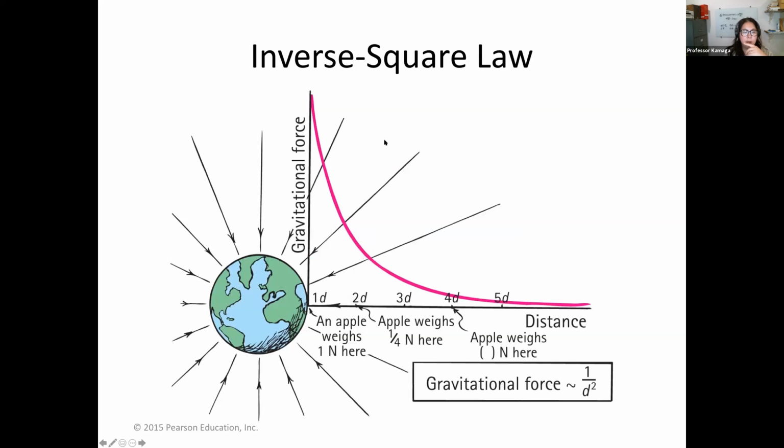Also, here's another good one. The y-axis shows the gravitational force. So the gravitational force of this object at the surface of the Earth is this much, okay? It could be 10 Newton, it could be 100 Newton. Let's say 100 Newton on the surface of the Earth. Then this is the radius of the Earth, from the center of the Earth to the surface, right? So we call that 1D. 1D is 1 radius of Earth, which is 6.36 times 10 to the 6 meter.